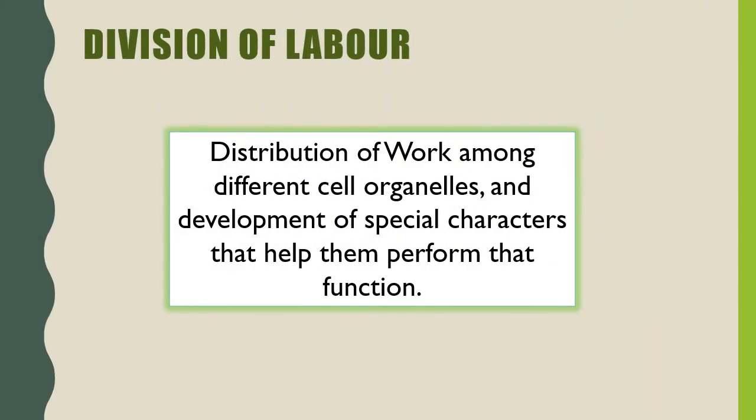This is known as division of labor. Now, what is division of labor? Distribution of work among different cell organelles and development of special characters that help them perform that function.